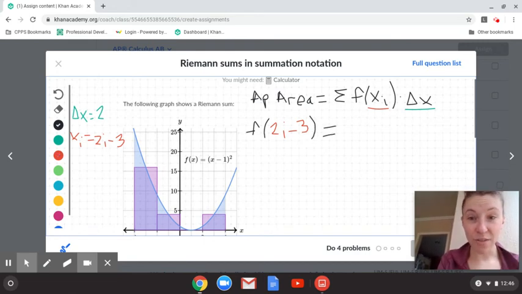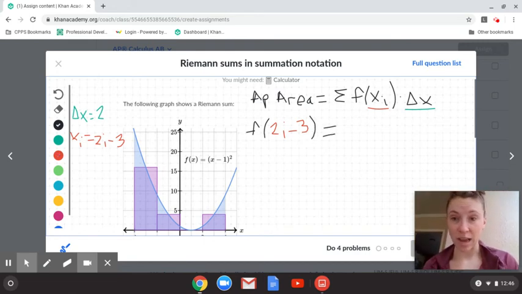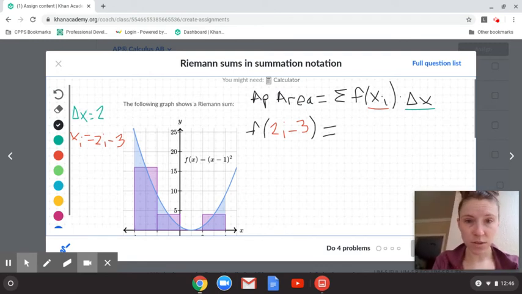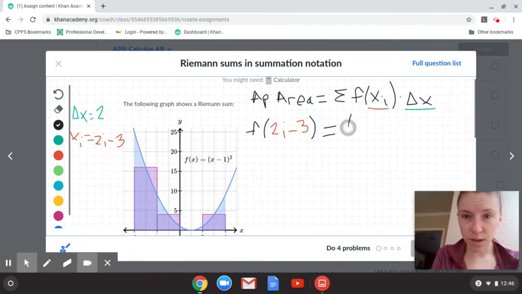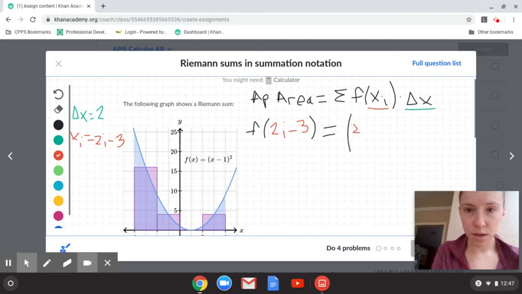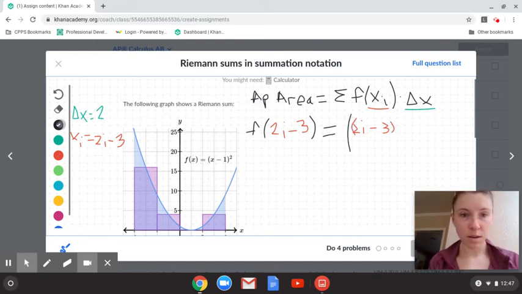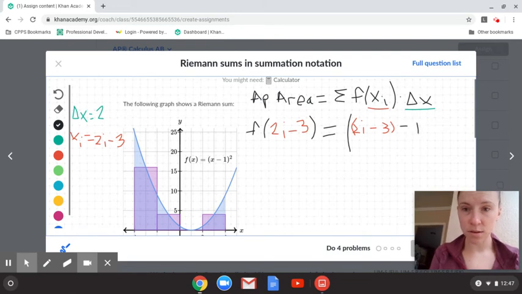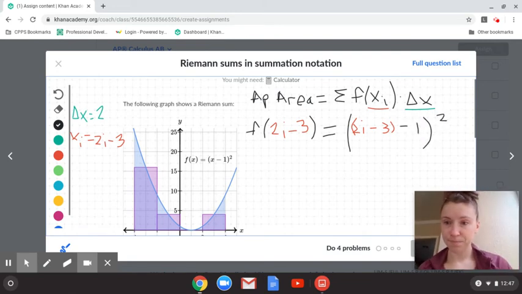Okay, so wherever there's an x in my function, I need to put in 2I minus 3, wherever there's an x. So let's just start that here. So we've got an x minus 1, so I need to put 2I, I'm going to put it in red, 2I minus 3, that's my x. And we continue the function, x minus 1, so minus 1 squared.